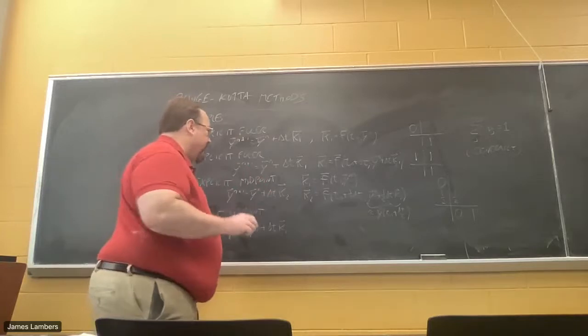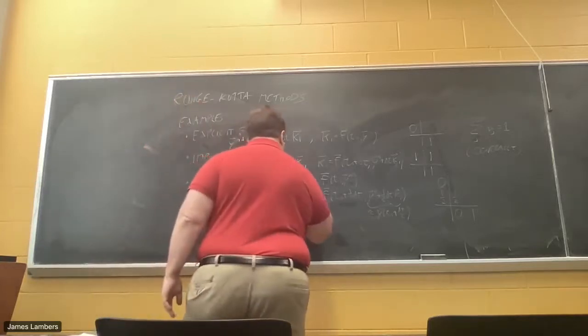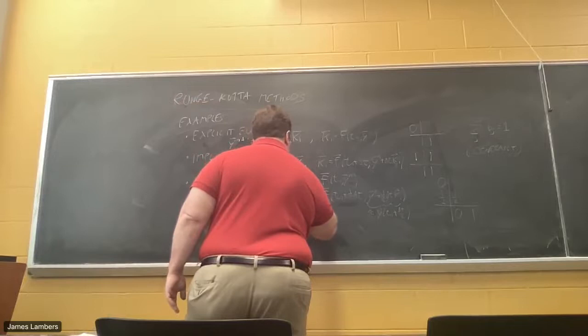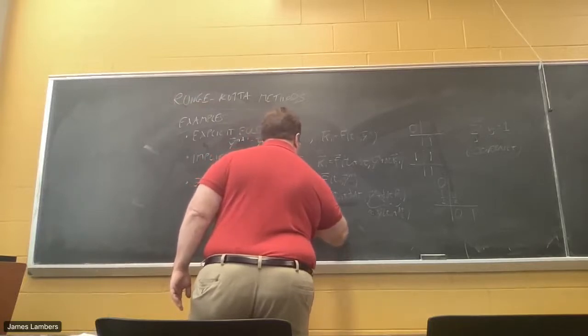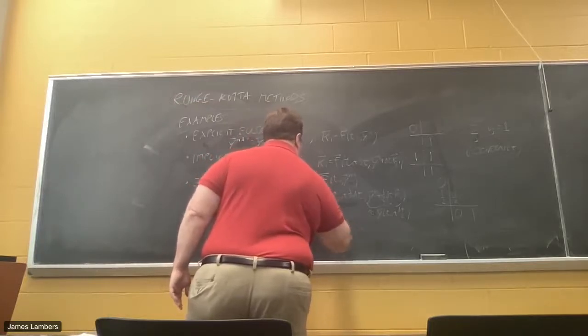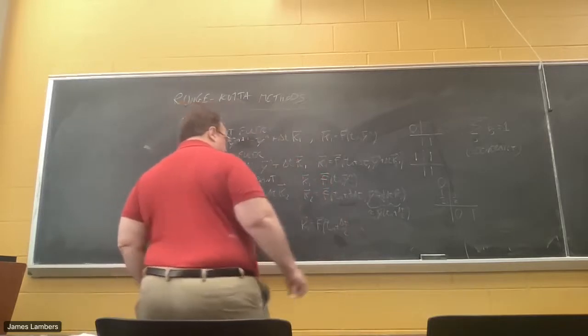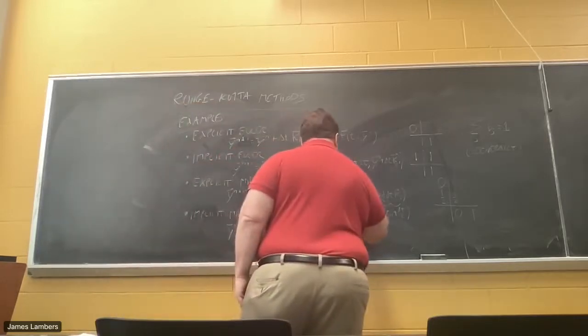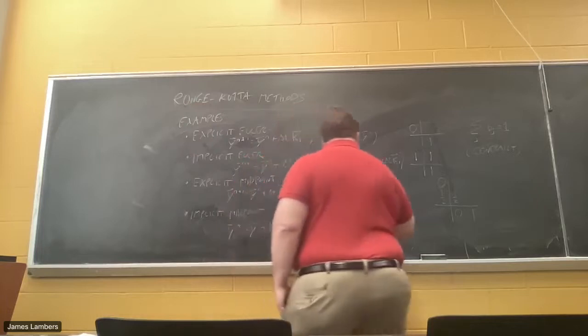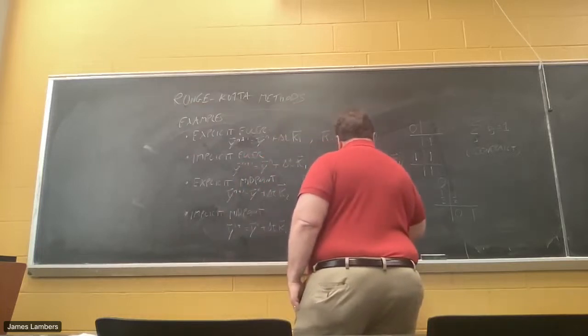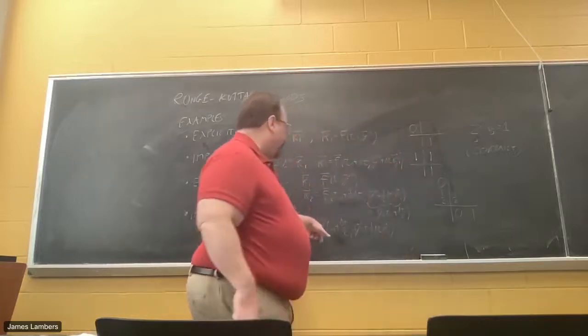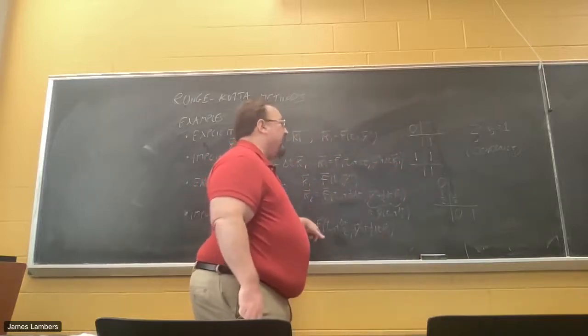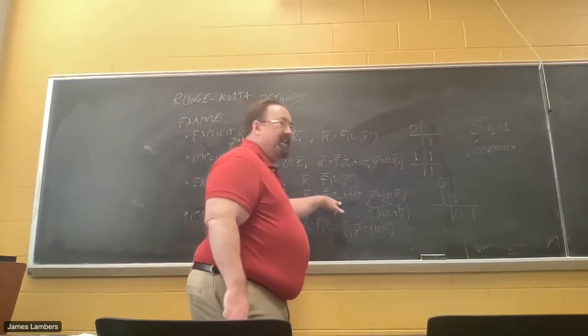It's just that one stage is defined implicitly. So we still want to go with half a time step. And we have yn plus 1/2 delta t k1. So notice that this k1 is exactly the same as the k2 up here.